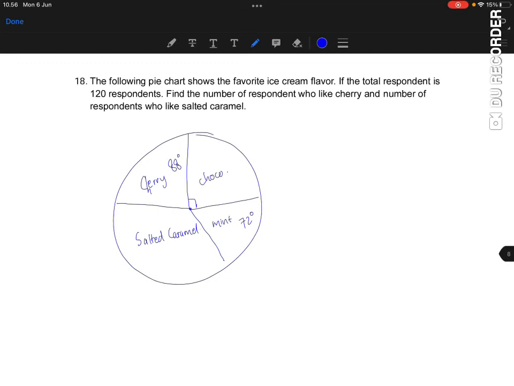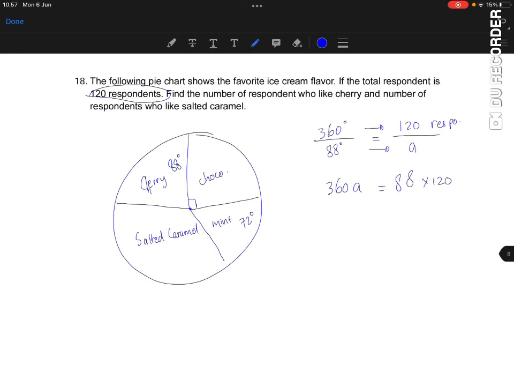Okay. In total we have 120 respondents, right? It means 360 degree is equal to 120 respondent. If we want to find the cherry, which we have 88, you just leave it like A, then you will have fractions, cross multiply please, so you will have 360A equals 88 multiply by 120.